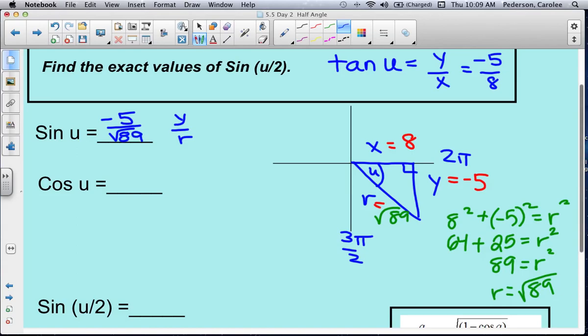Don't rationalize it, you can worry about that later. Cosine is adjacent over hypotenuse, or x over r. So adjacent is 8 and hypotenuse is square root of 89. Alright, so now we can go ahead and answer the question. It says, what is the sine of that half angle?